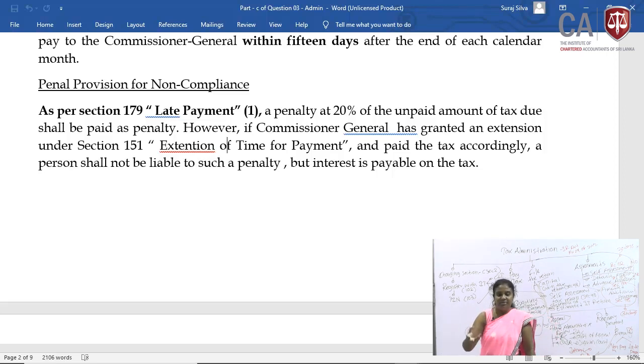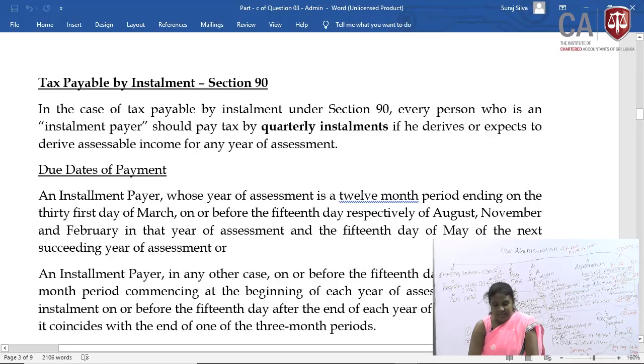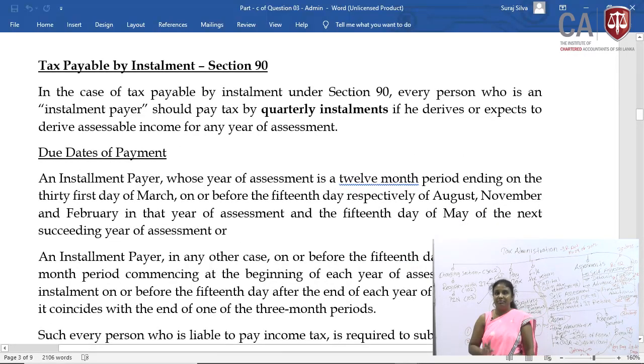Now, 20% penalty we shall pay, but if that person has taken a time extension, if he cannot pay today, and has extended the time with the approval of the Commissioner General, then he does not have liability to pay the penalty, but interest of 1.5% monthly, compounded on a half-month basis, he has to pay.